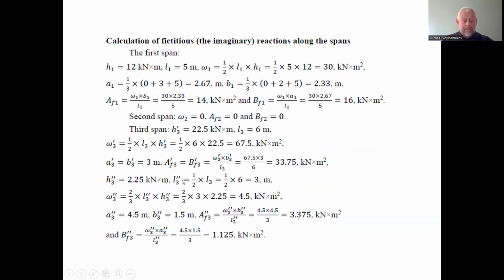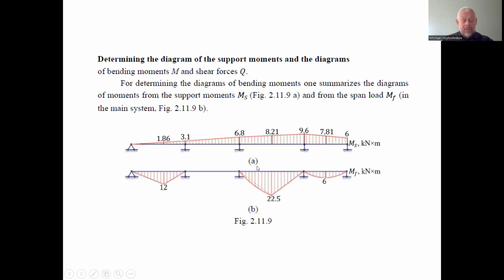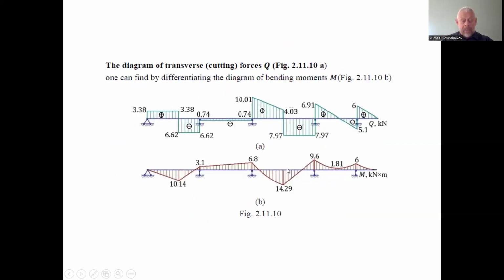But for the single span number 3 we have here the magnitude H3 stroke. H stroke is 22.5. So 22.5 minus 8.21 we have 14.29.